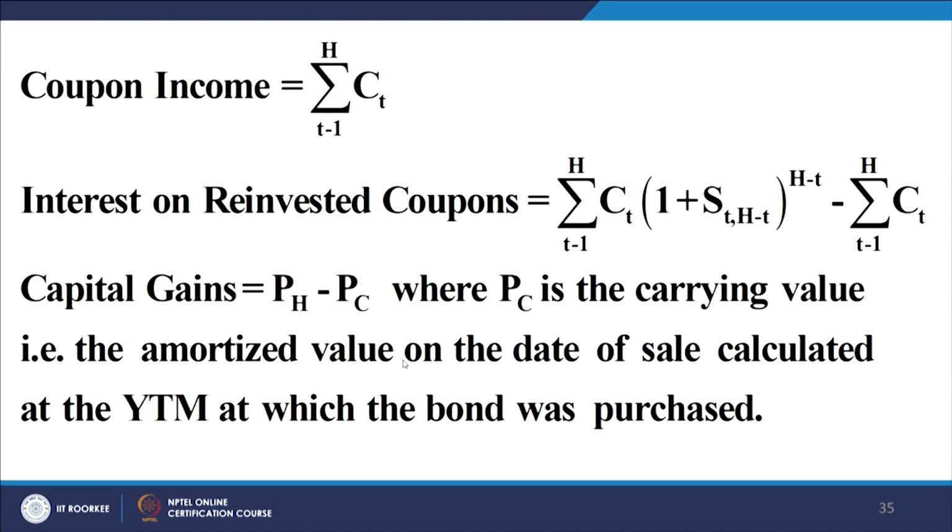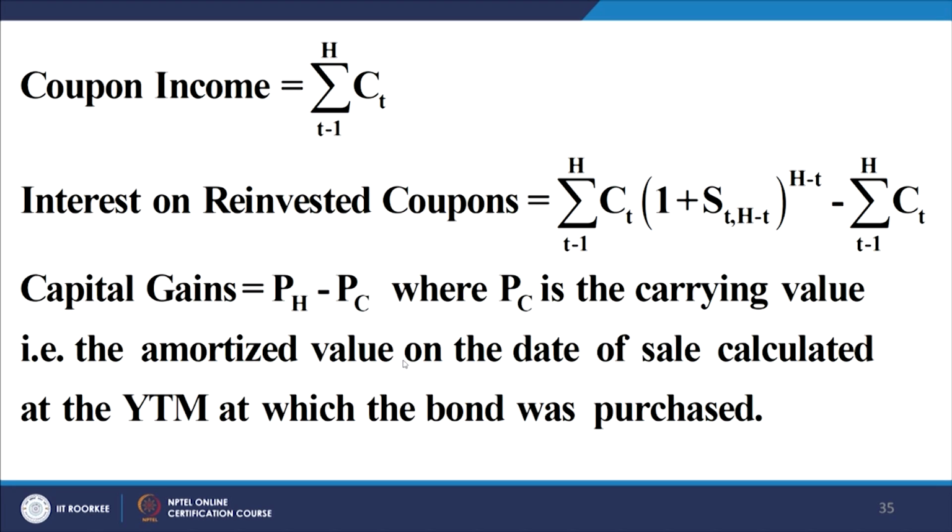The carrying value is defined as the amortized value. I will come back to this again in a later slide and explain how this carrying value is calculated with an example, but for the moment let us stick to the definition. The carrying value is the amortized value on the date of sale calculated at the YTM at which the bond was purchased.